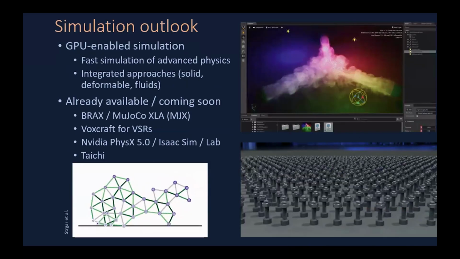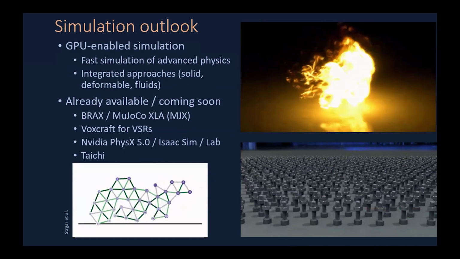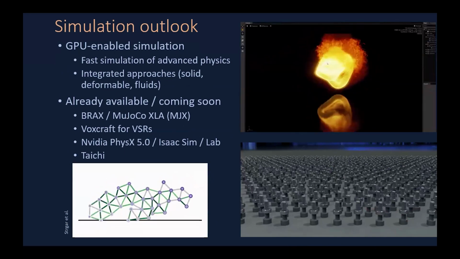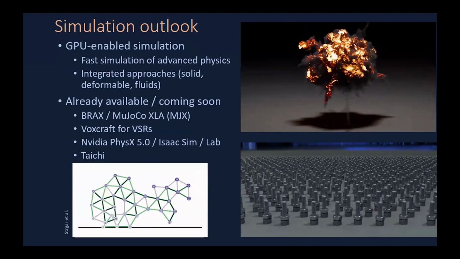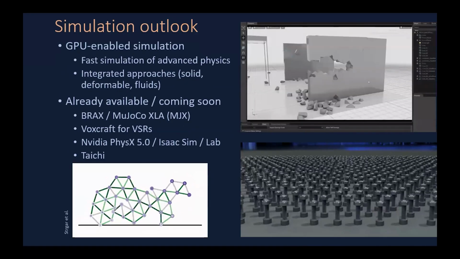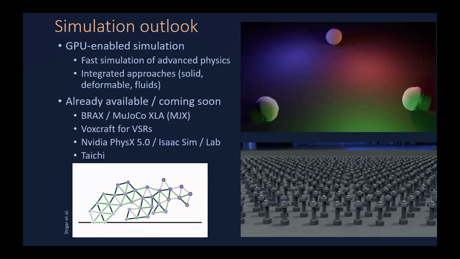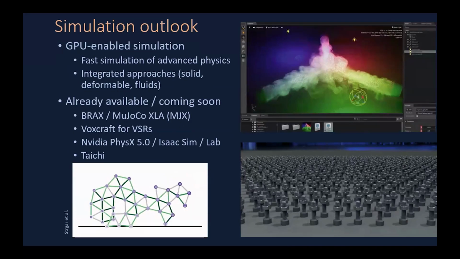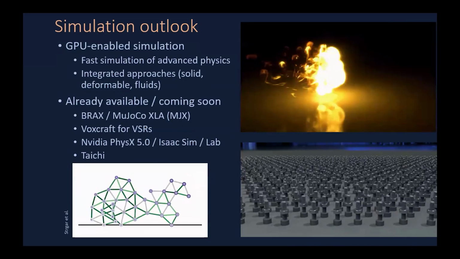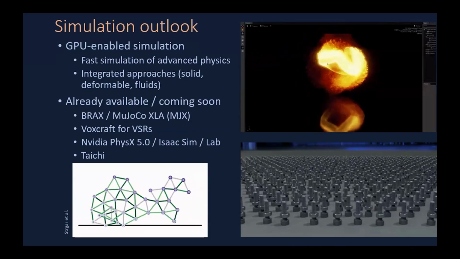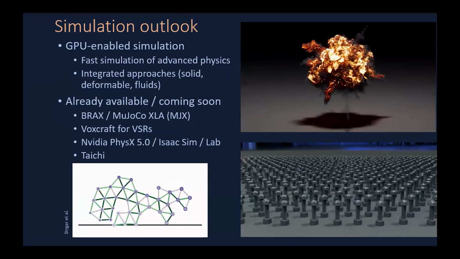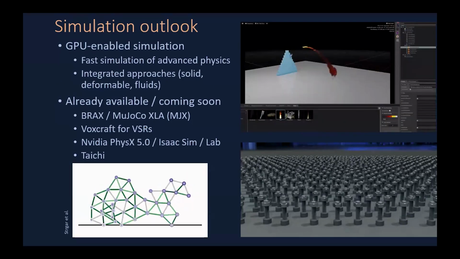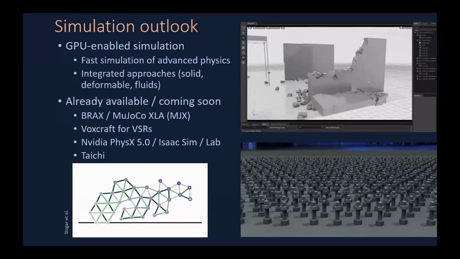I think there's a lot of interesting things on the horizon. Now, GPU-enabled simulation is the new thing, and you can have lots of components simulated, very interesting fluid effects, and this super impressive video of high-precision solving of rigid body interactions demonstrated by NVIDIA.